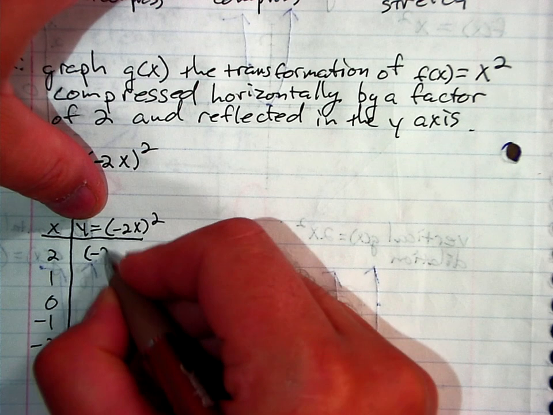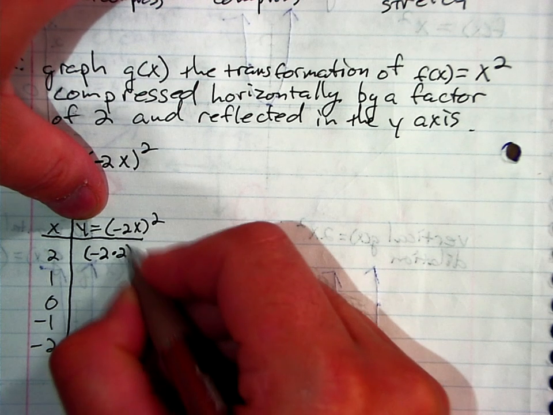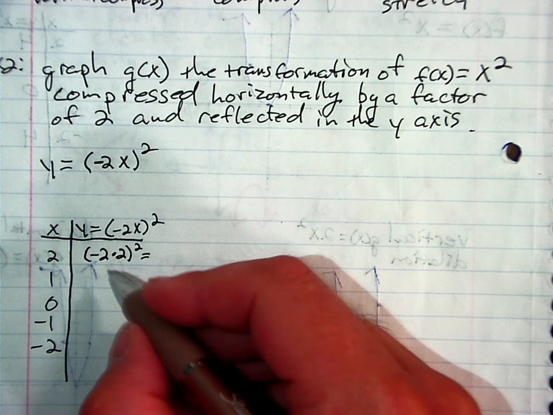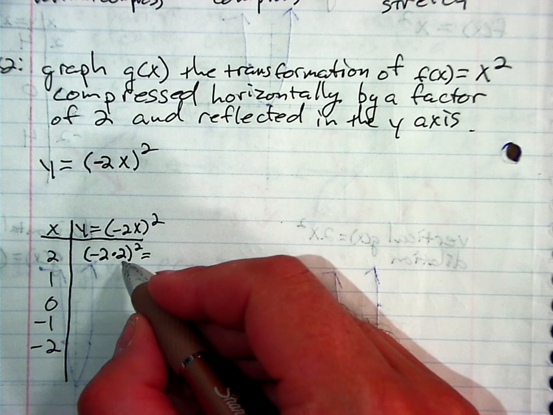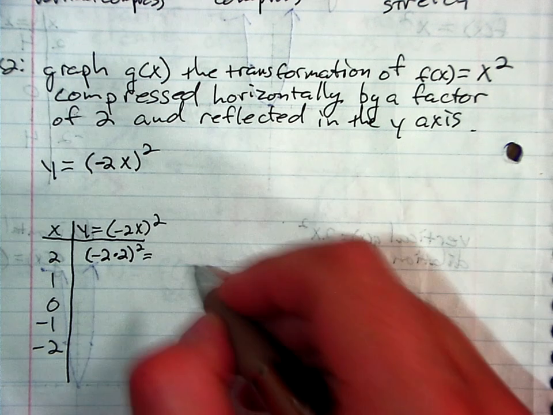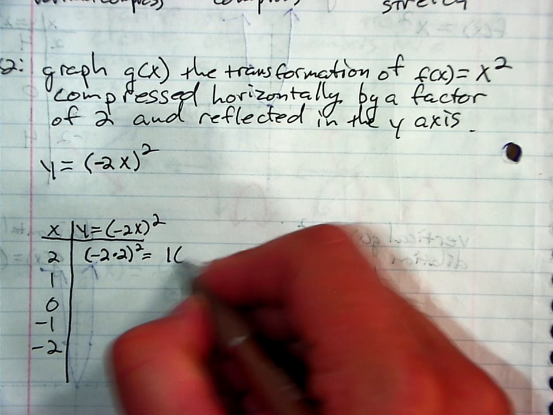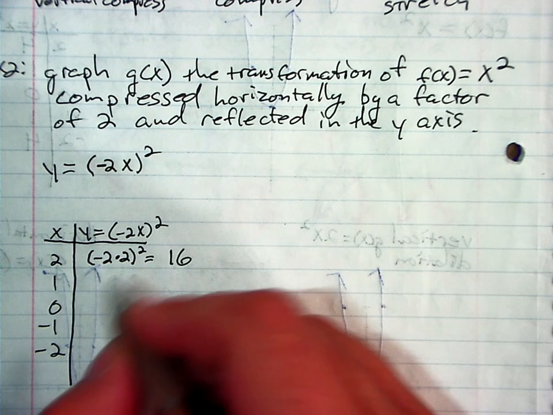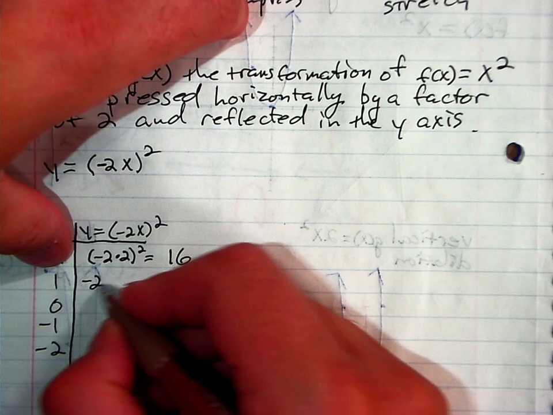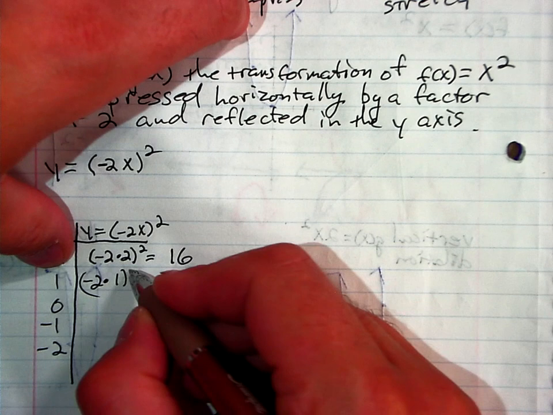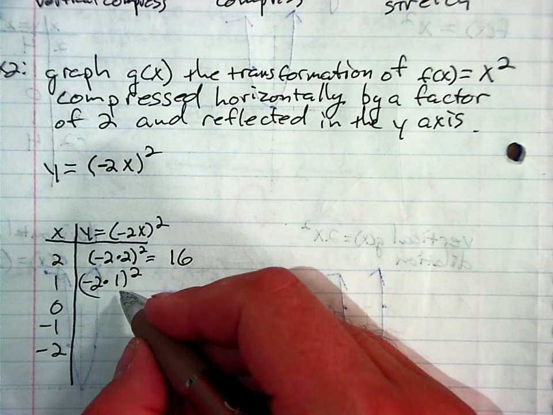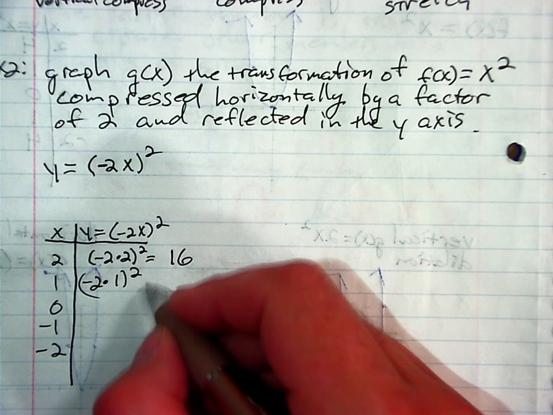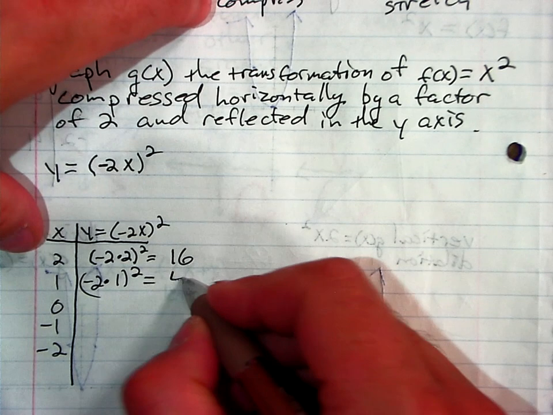So negative 2 times 2 squared. Negative 2 times 2 is negative 4. Negative 4 squared is 16. All right. Negative 2 times 1 squared. Negative 2 times 1 is negative 2. Negative 2 squared is 4.